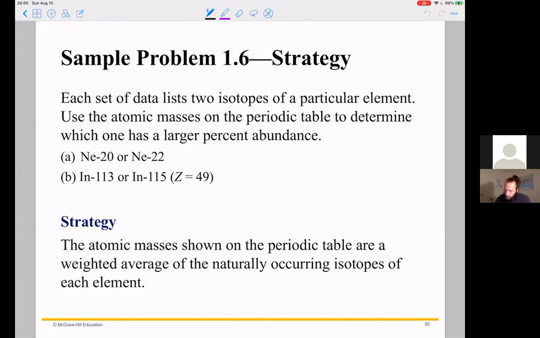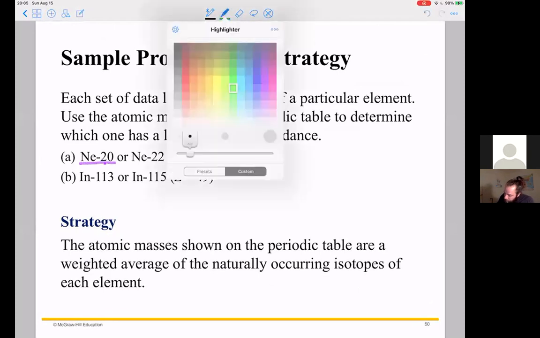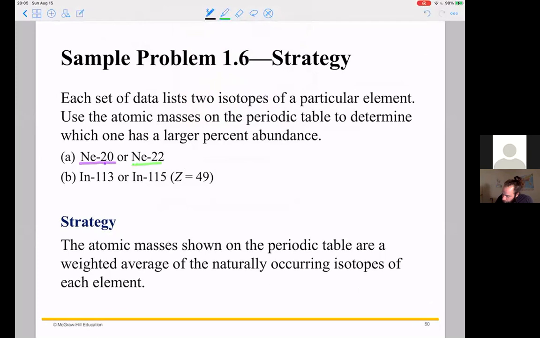So let's just do an example here. We're going to talk about neon. Neon consists of two different isotopes, neon 20 and neon 22. Which is more abundant? That's the question we want to ask.